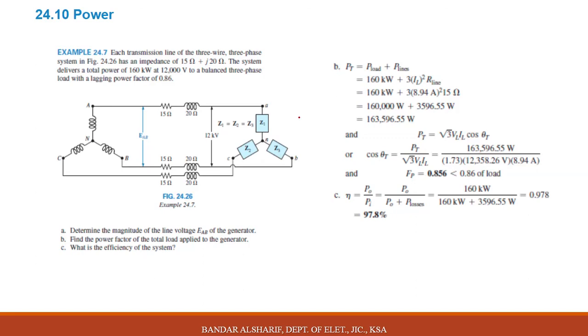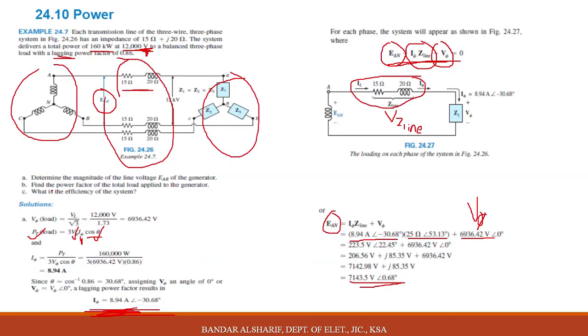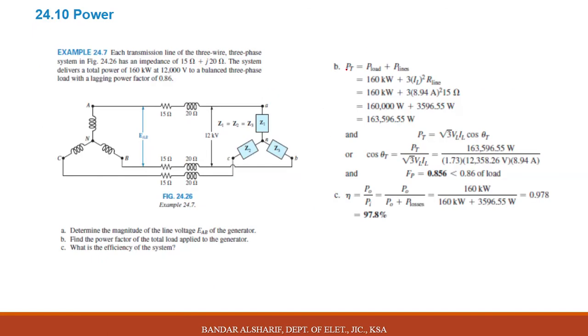For part B, he asked us to find the power factor of the total load applied to the generator. This means we need to find the total power, which is the load power given in the question plus the power consumed in the transmission line. How to find this?